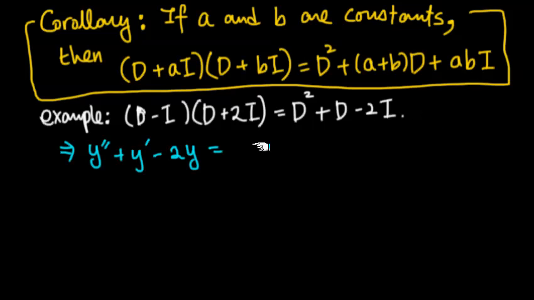Then this amazing thing happens. Look here. This is really amazing, because this is a linear second order differential equation with constant coefficients, and these are constant. If you apply the function to this, it becomes exactly this: y double prime plus y prime minus 2 times the function y.